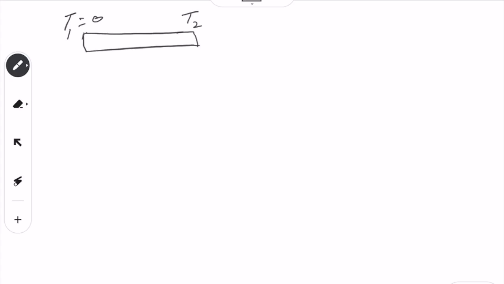Just for derivation, we are assuming T2 is greater than T1, as a convention, so that we give the correct direction for Q.